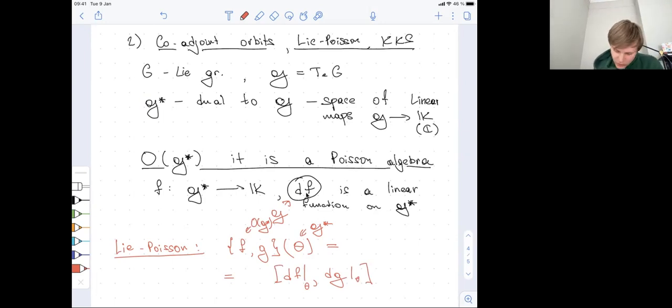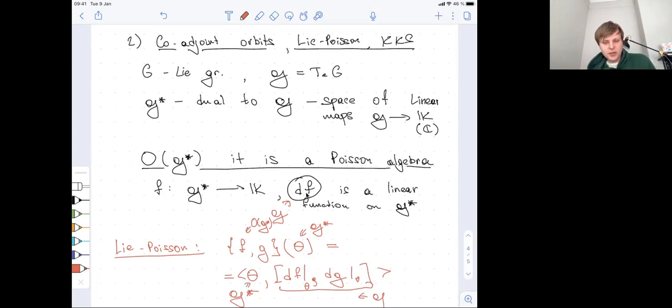I know what the commutator is for df and dg, and then I just do the pairing with the element from G star, because the commutator lives in the Lie algebra, and this theta lives in G star.